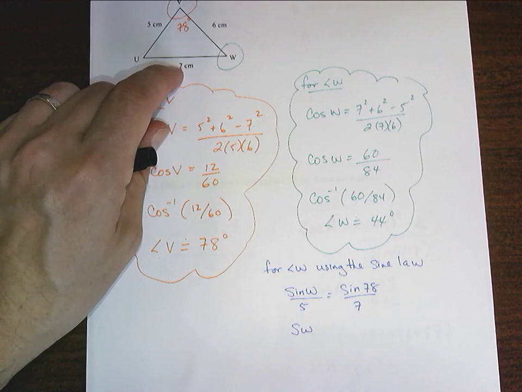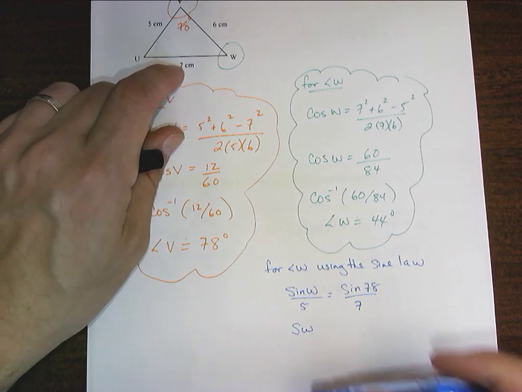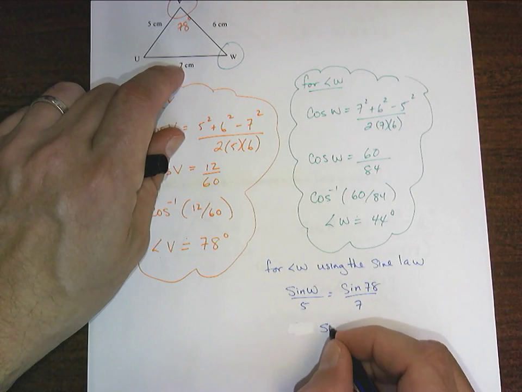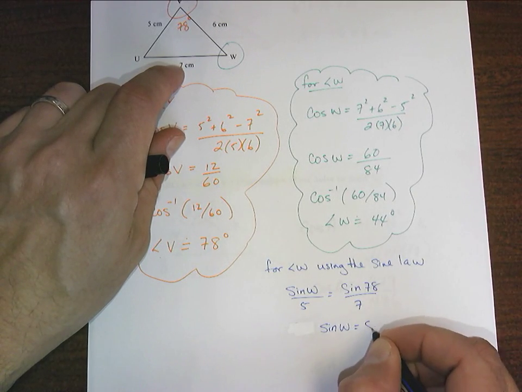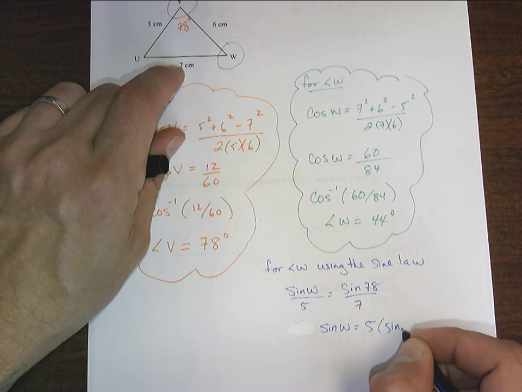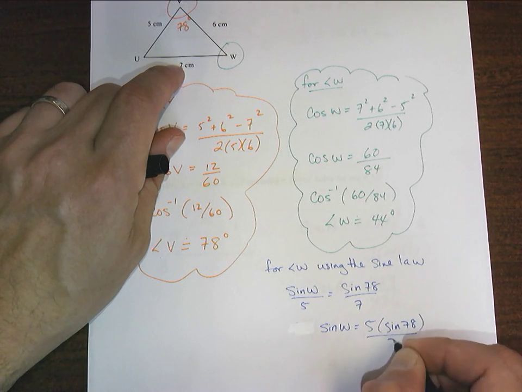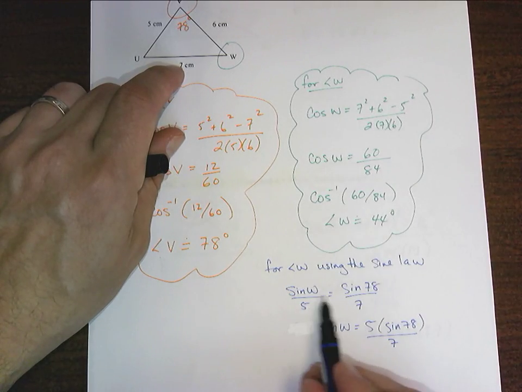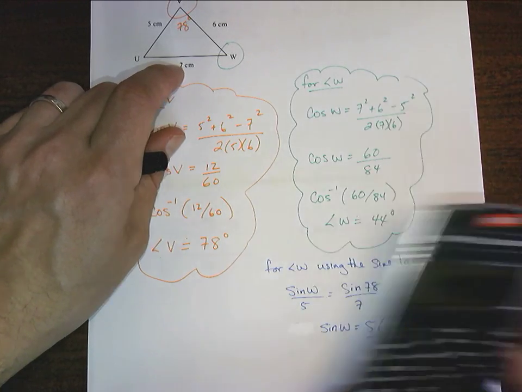Let's make it sine of W equals 5 sine of 78 over 7. Remember, we cross multiply. We don't bring the 7 up because it's just going to come down later anyway.